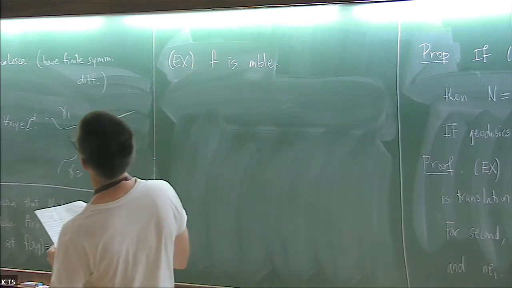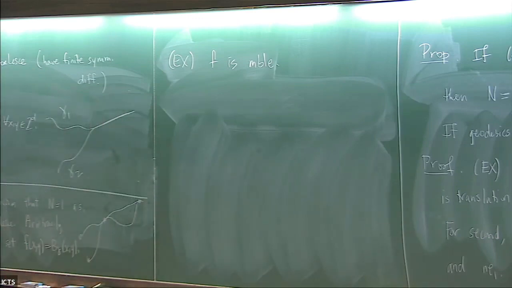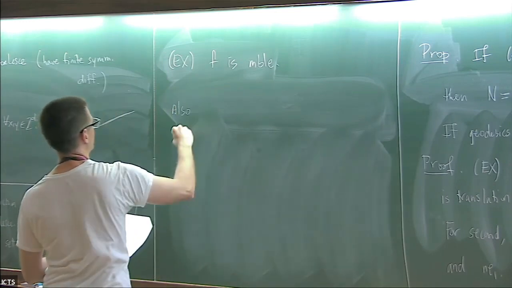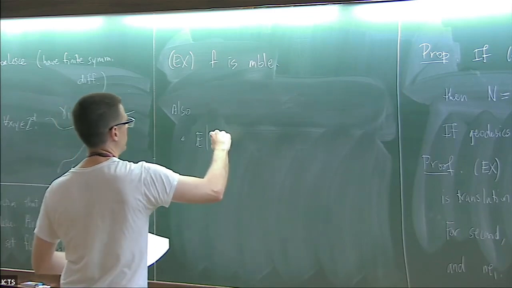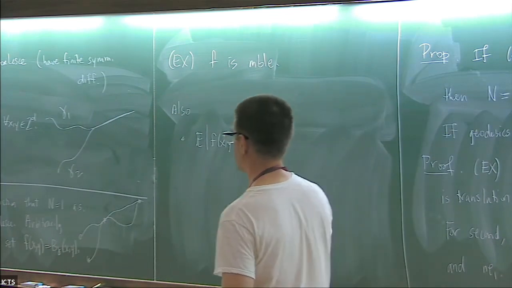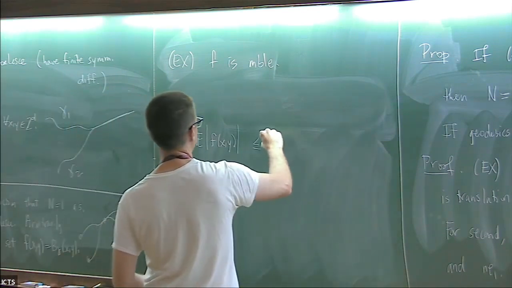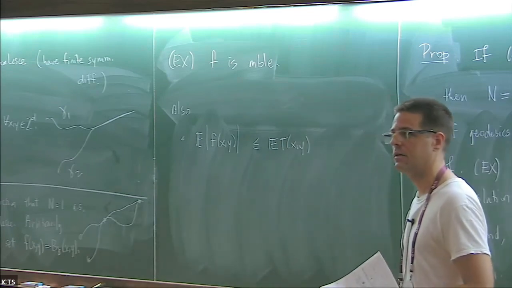Okay, we're almost done. Let me just state one property. Also, we look at the expected value of f xy. Well, f xy is a Busemann function. The Busemann function is bounded in absolute value by the passage time over here. So it's less than or equal to the expected value of t xy. Because we assume finite mean for the passage times, we don't really need that much.